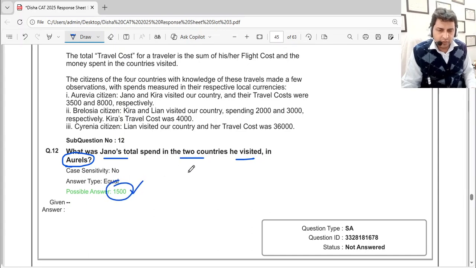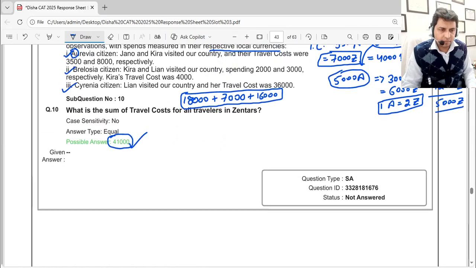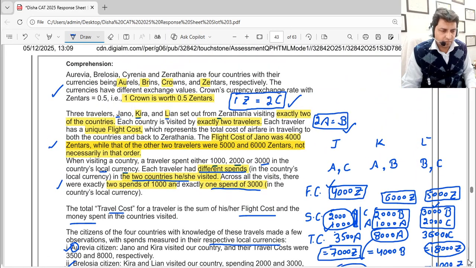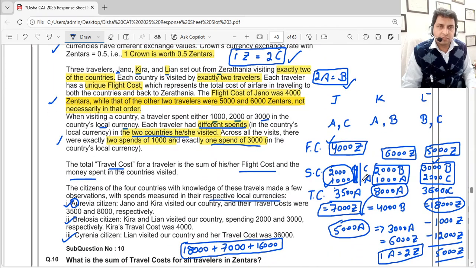So it was given to us, it can be 2,000 that we find out, 2,000 in C and 1,000 in A. That is what we took from here.